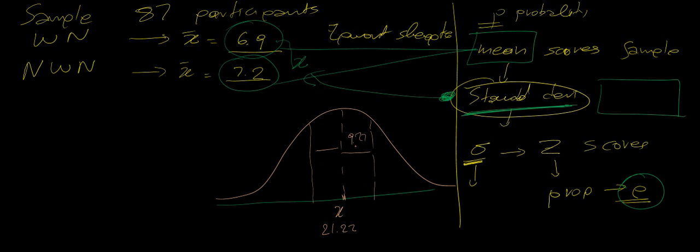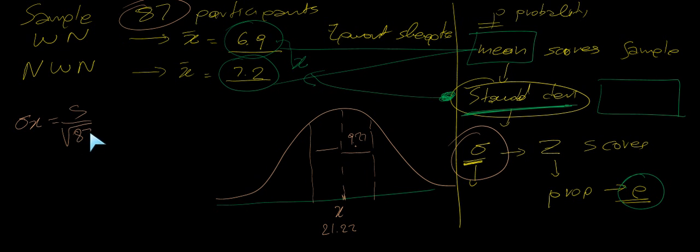So in order to be able to sort this out, I need to find the S, the sigma. So the sigma actually of my sample is my standard deviation, which is my sample standard deviation, over the square root of my sample, and your sample was 87 participants.